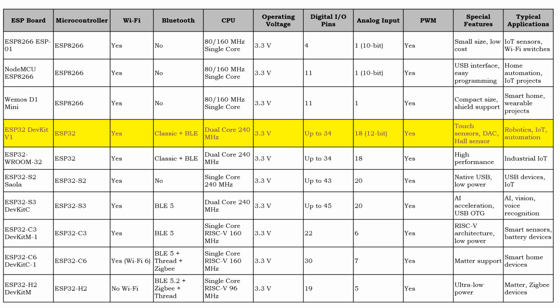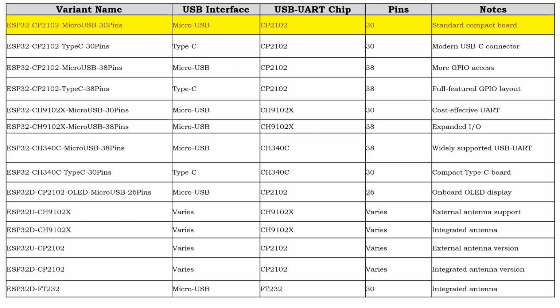The operating voltage is 3.3 volts. It supports up to 34 digital IOs and 18 analog inputs, PWM, and special features like touch sensors, DAC, Hall sensor, and other features. Typical applications are robotics, IoT, and automation.